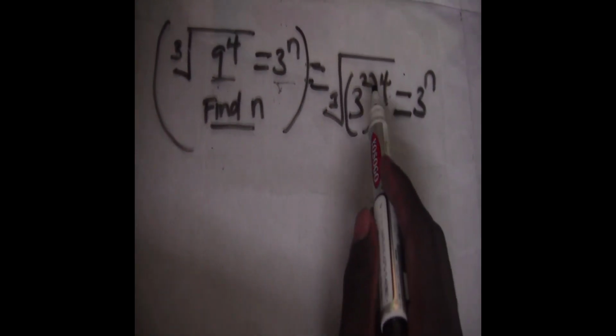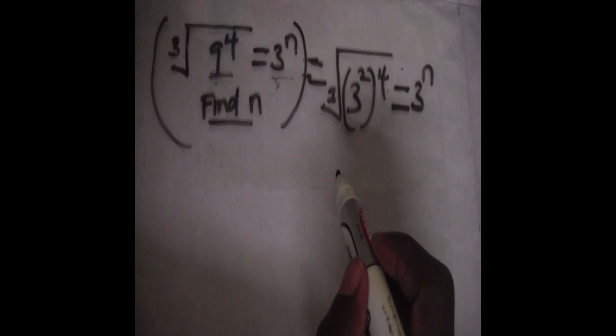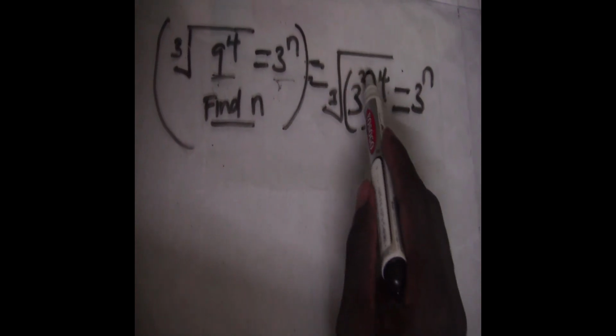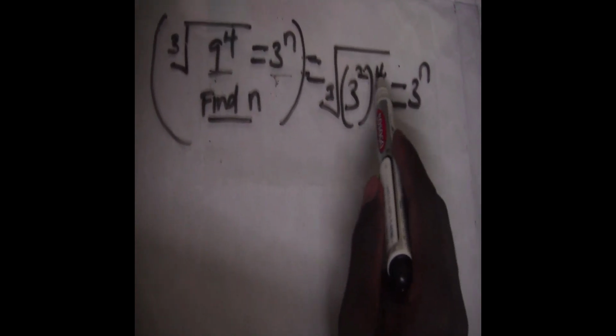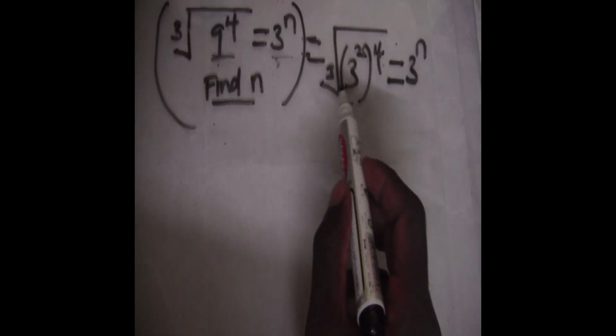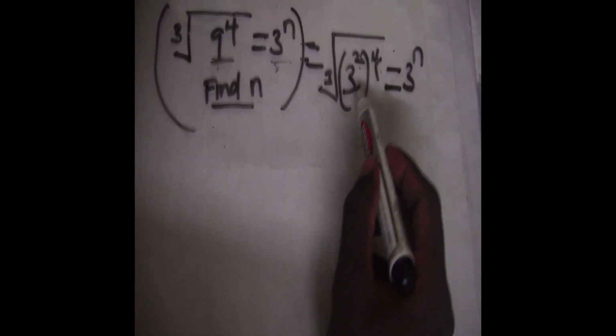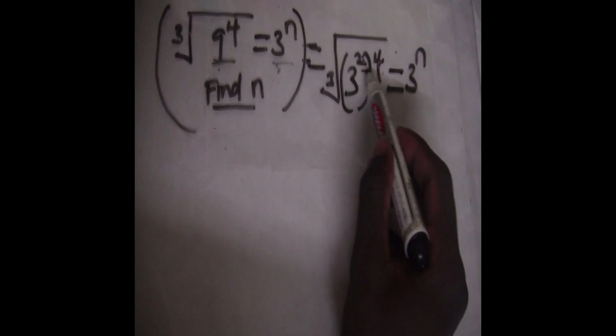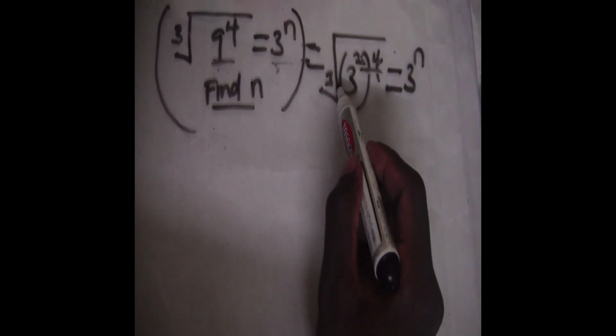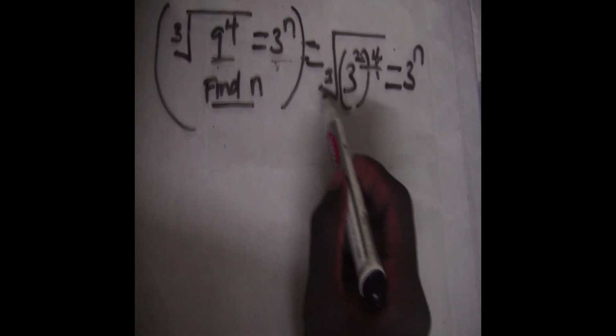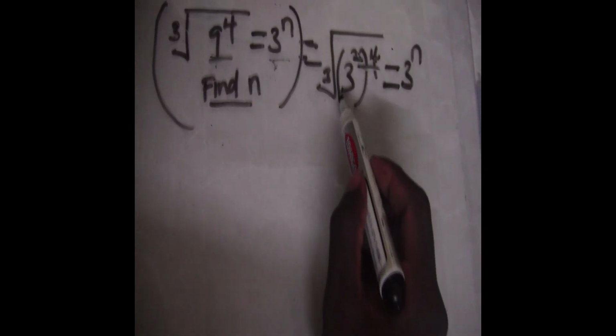So when you're here, first thing is you remember the power rule. The power rule says you multiply the indices. What we are going to use here is first the power rule, and after that we are going to use the root rule, because you have this root here.